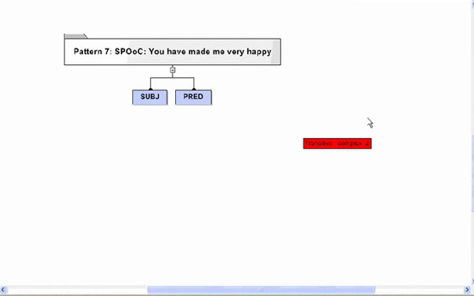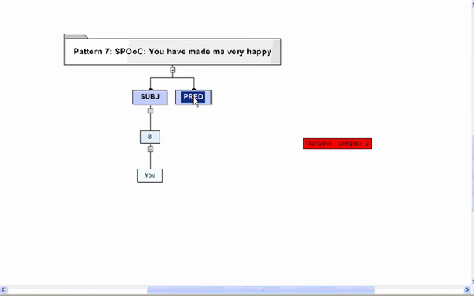A verb is transitive if it requires an object, and in this case it requires not only an object, but also an object complement. If we have a look at this: "You have made me something." So we have the subject, and the subject is "you."